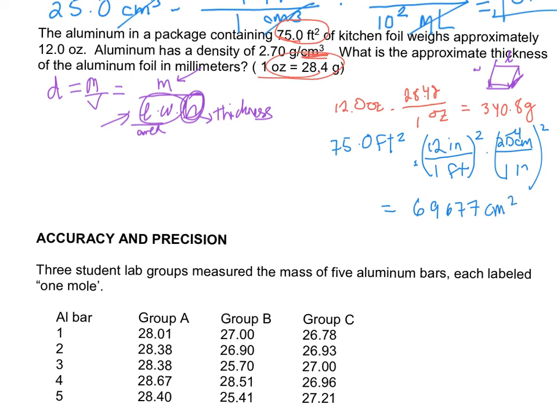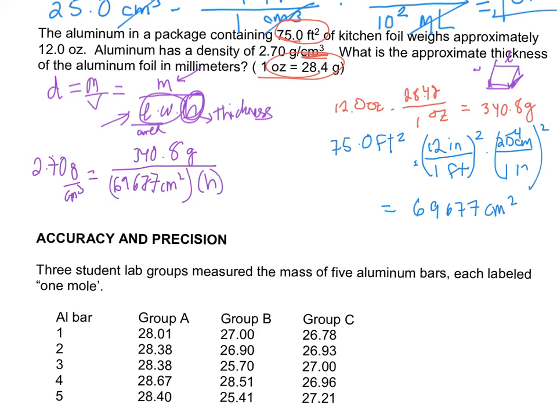So then back to our density equation. My density was 2.70 grams per centimeter cubed. That is equal to the mass, which we figured out is 340.8 grams, divided by my area, which is length times width, 69677 centimeters squared, times my height.